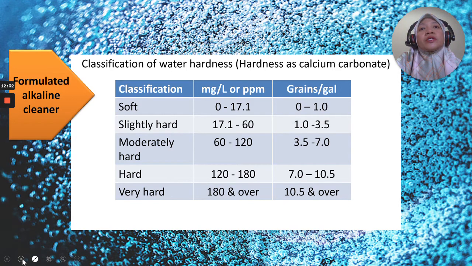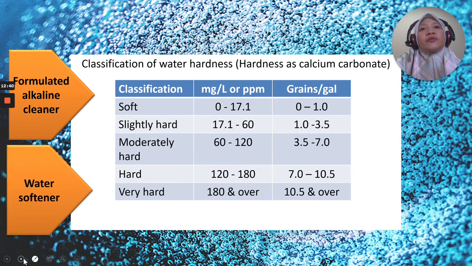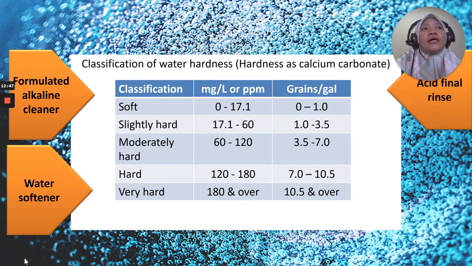This will reduce the effect of water hardness. Or the raw water, before being used in the plant, is treated with a softener by applying resin, or another way is by applying an acid final rinse.